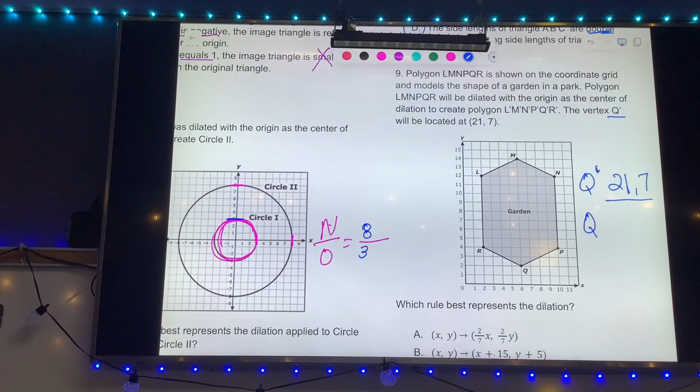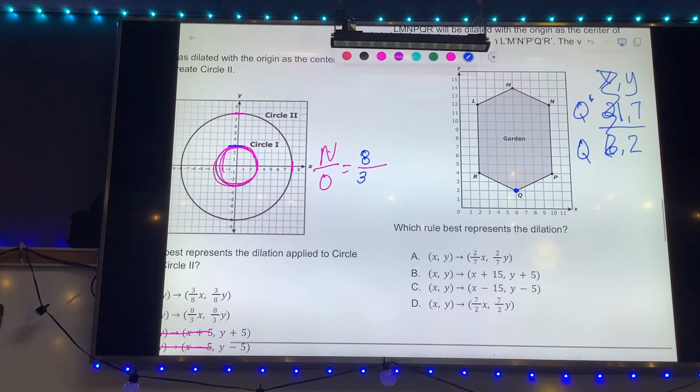Then Q original is at 6.2. Remember, you only need one of those sets, so we could use the X or the Y. I would use the Y because it's already reduced. I automatically know it can't be B or C because those are translating. They're sliding. So my answer is D.